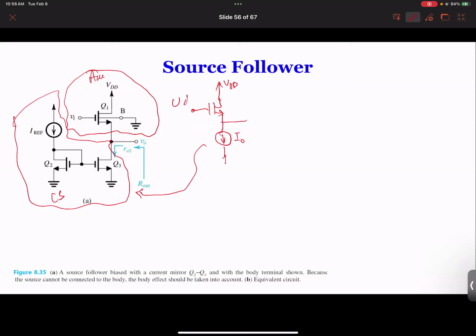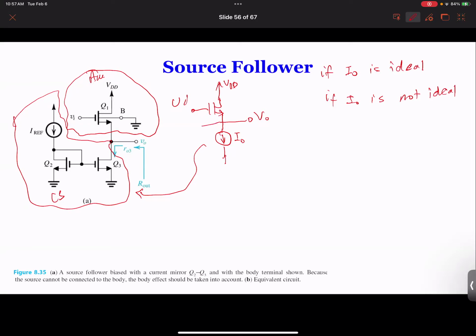Now the output is over here, right? If IO is ideal, then the source becomes open circuit, and so we have to have some sort of load at the output to get the output. Otherwise, the circuit will not work. But if IO is not ideal, you will have some sort of resistance connected.